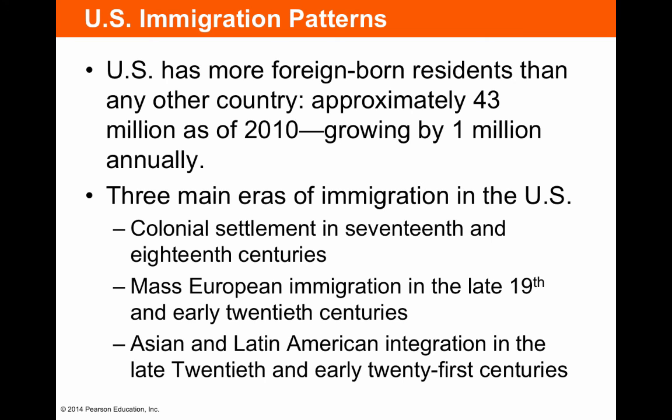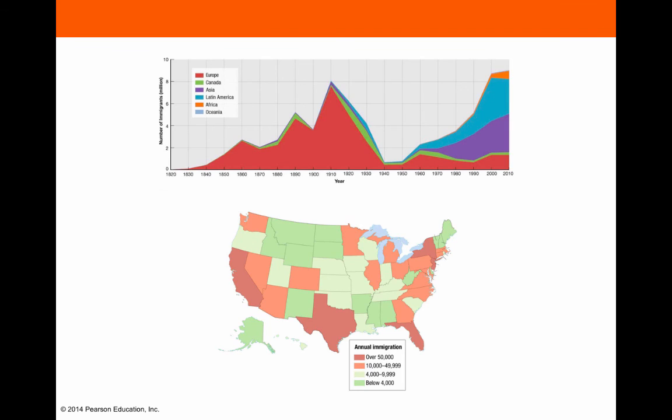So let's take a look at some of these maps. So you can see where people are headed to and where people are coming from. So you can see throughout the years we're going to have a huge surge in people around the time of World War II and right after World War II from Europe. And then that's going to go down.